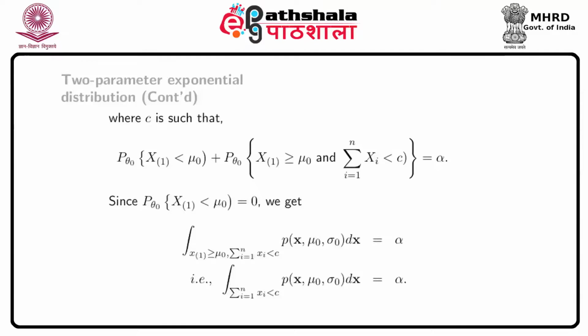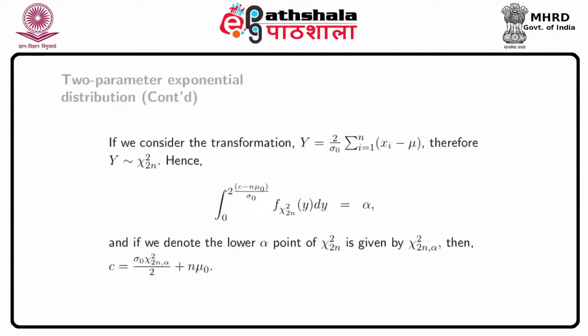Since probability under theta naught of x1 less than mu naught is equal to 0, we get the integral over x1 greater than mu naught and summation xi less than c of p_x(mu naught, sigma naught) dx equal to alpha, which implies the integral over summation xi less than c of p_x(mu naught, sigma naught) dx is equal to alpha.